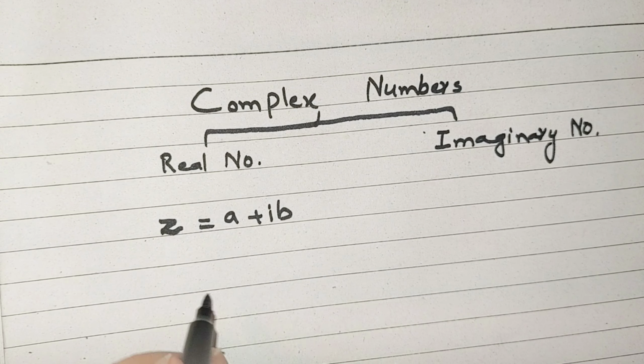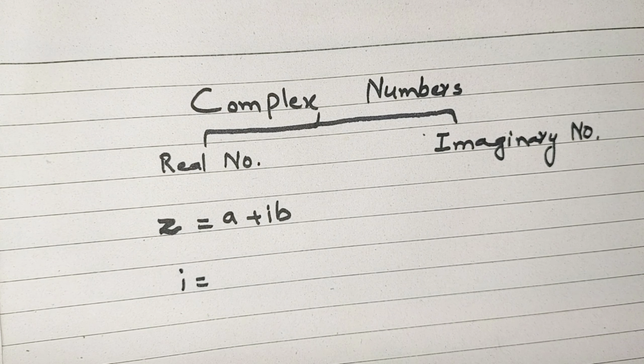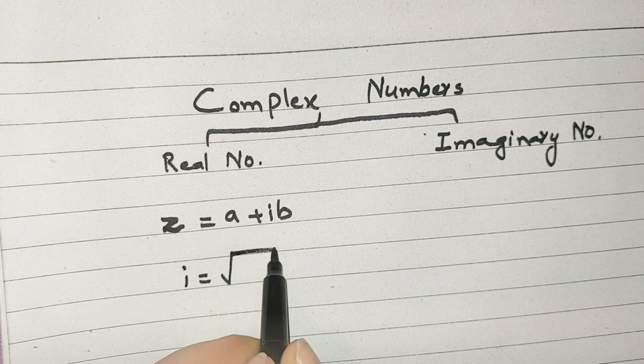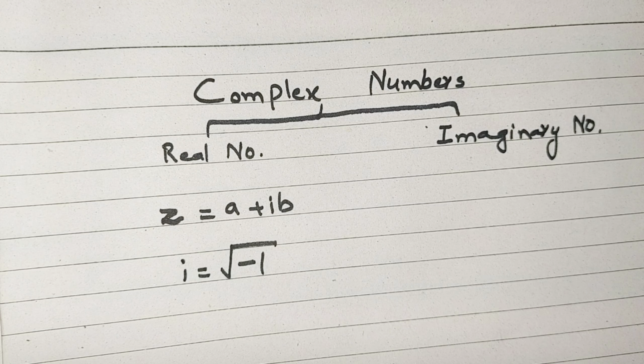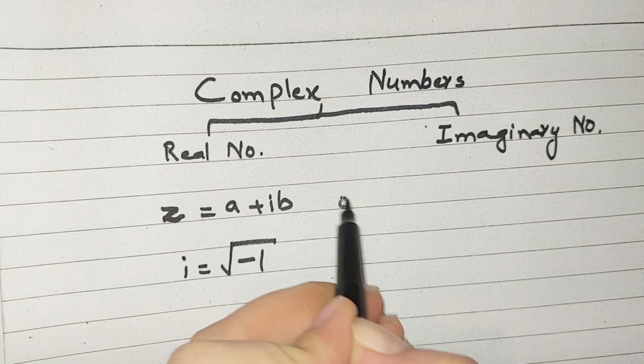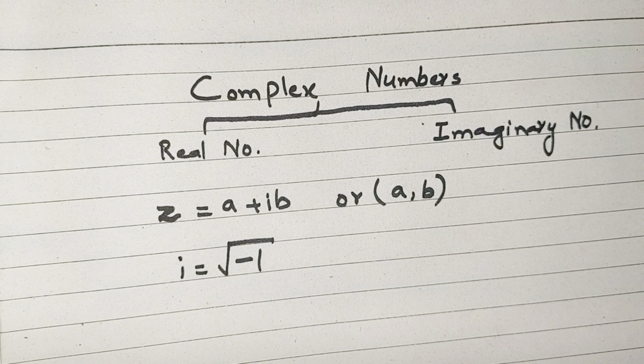Iota represents the imaginary unit, and iota is equal to radical minus 1. So the basic concept is that an expression like A plus iota B is known as a complex number.